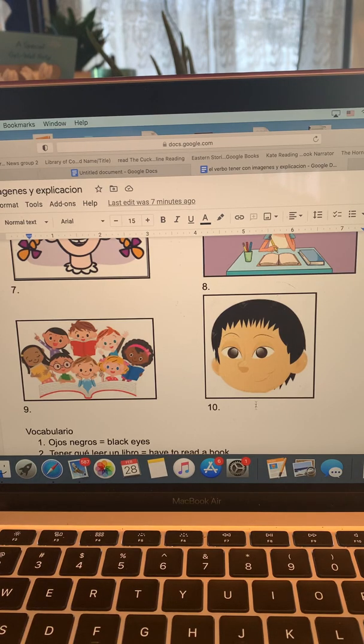You can say, and because it's only singular, and I'm thinking it's a boy, so I'm gonna say, él tiene pelo y. Remember, the E is written as the letter Y, which means and. Él tiene pelo y ojos negros.